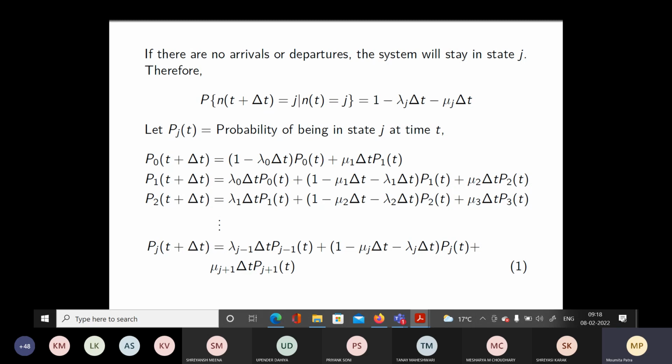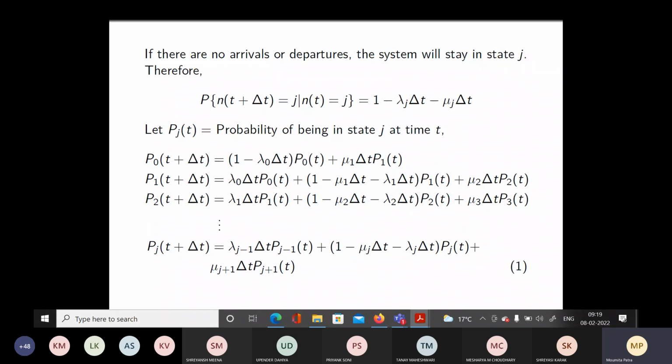Provided that you were in the 0th state at time t, you can either go to the next state, but that will not happen because you are still in state 0 after t plus delta t. So there are no arrivals. Okay, no arrivals, but there can be a situation that you were in state 1, but there has been a departure, so it is a death. So now you will get back to the 0th state. Okay, so P0(t plus delta t) can be given by 1 minus lambda 0 delta t times P0(t) plus mu1 delta t times P1(t).